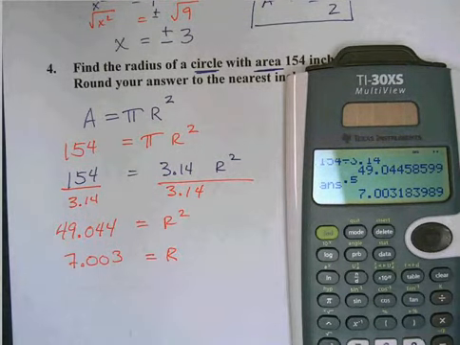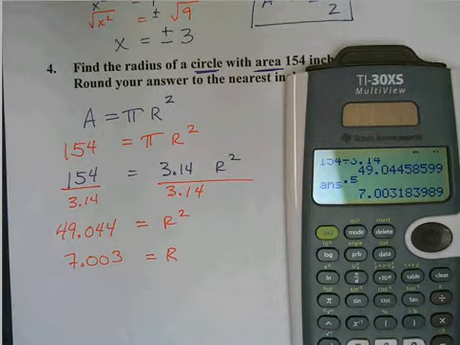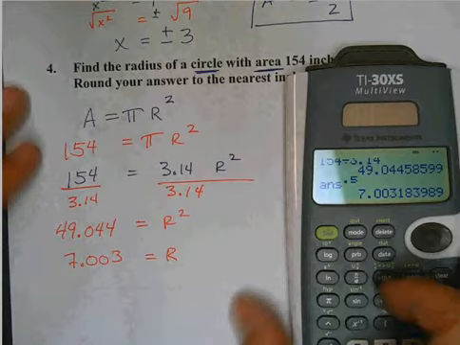Now here's a case, why didn't I even write down the negative? Why did I just throw out the negative and not even consider it? What are we talking about here? Area, radius, the distance. Can you have negative distance? So while it's one of our viable answers, we throw it out and we don't use it. So my answer, it says round your answer to the nearest inch.